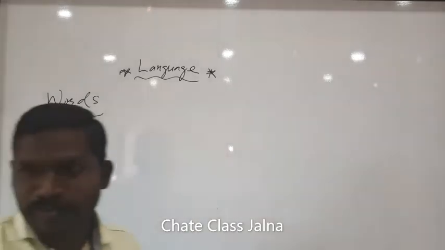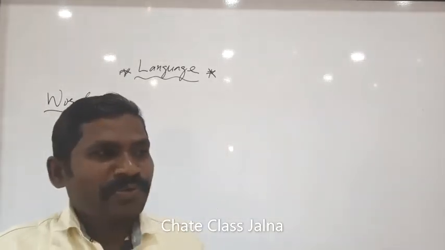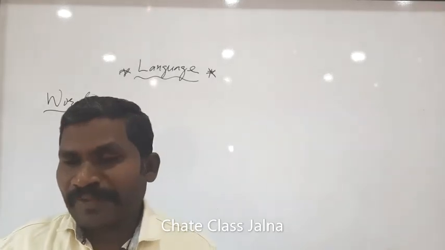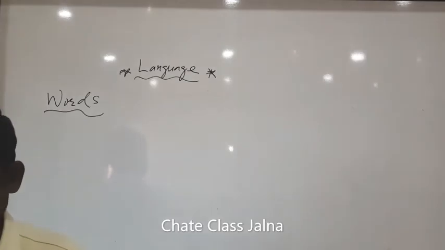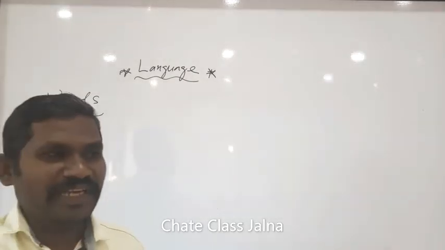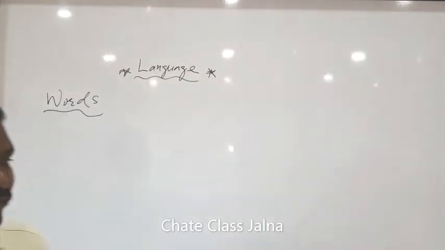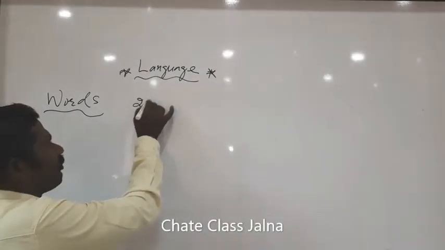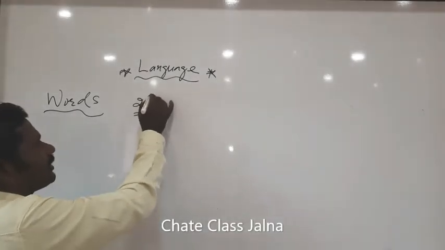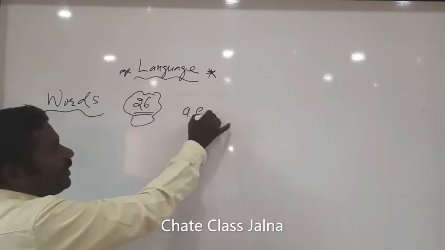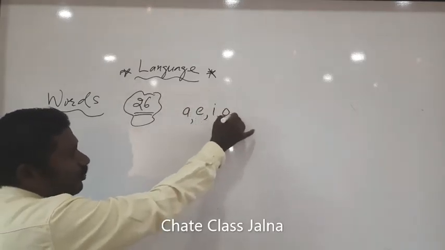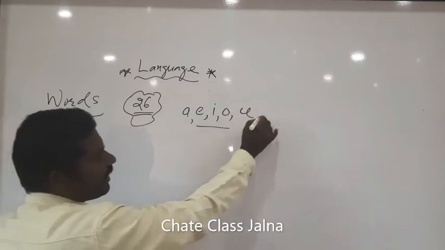Let us understand what we mean by the words. You know that in any language there is an alphabet. In English there are 26 letters. In these 26 letters, A, E, I, O, U are the vowels.